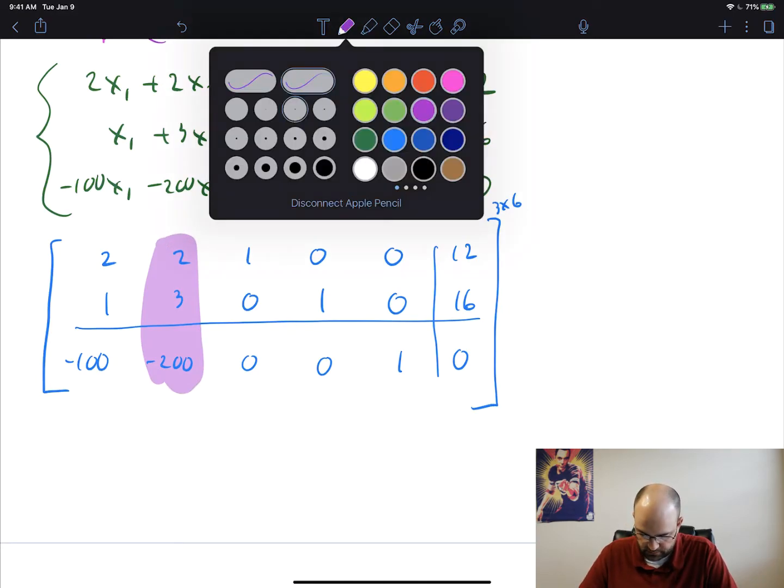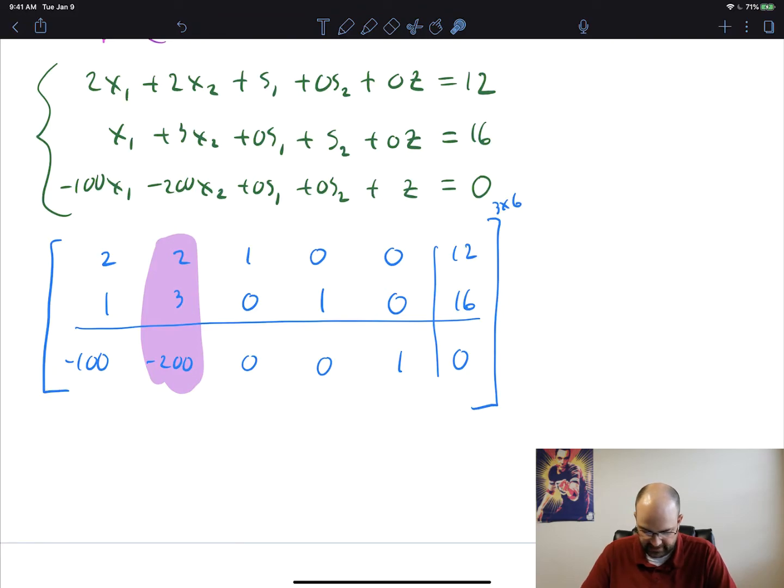Then we do division. 12 divided by 2 is 6. 16 divided by 3 is 5 2/3, so about 5.7. So that means that 6 is larger than this, and the smallest will be that number there. So this is in fact the pivot row.